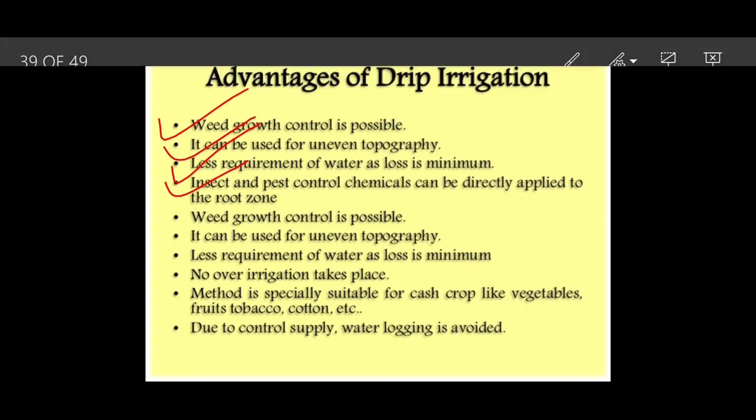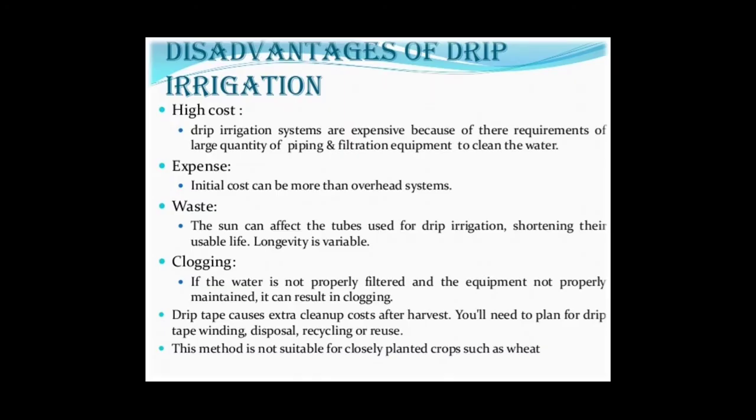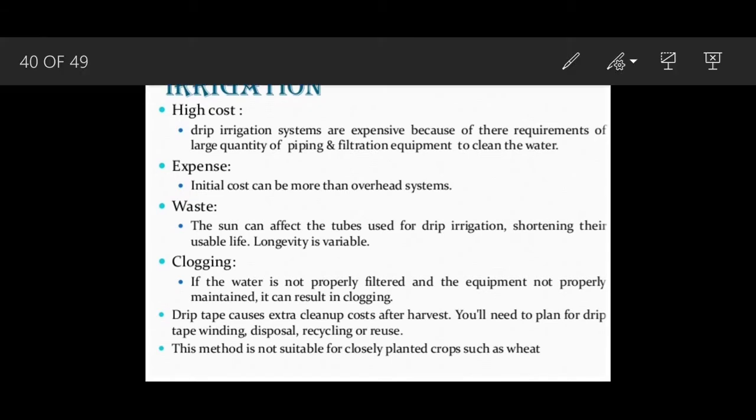So let's proceed with the disadvantages. So what is the disadvantage? Very high cost. You have seen the picture. The setup is actually very costly. Then expense. Initial cost can be more than overhead systems. Now initial cost is very high, and what is more, the sun can affect the tubes used for drip irrigation, shortening their life.